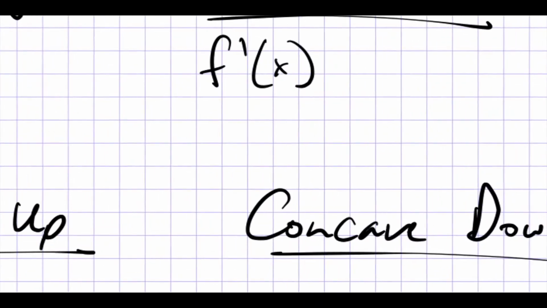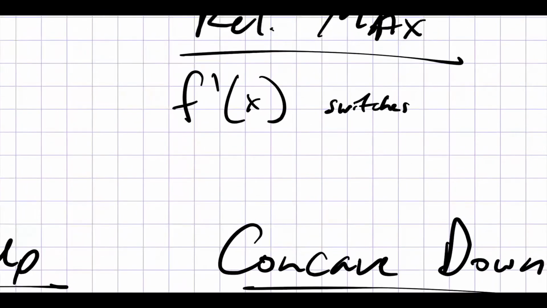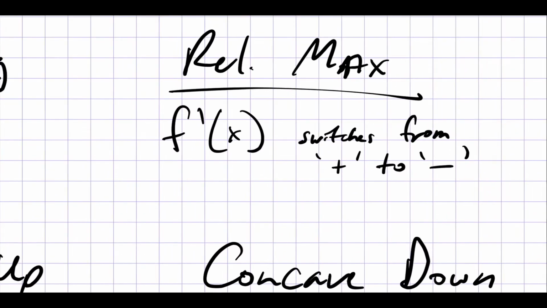So it switches from positive to negative. It switches from increasing to decreasing, increasing and then decreasing. That creates a relative maximum.